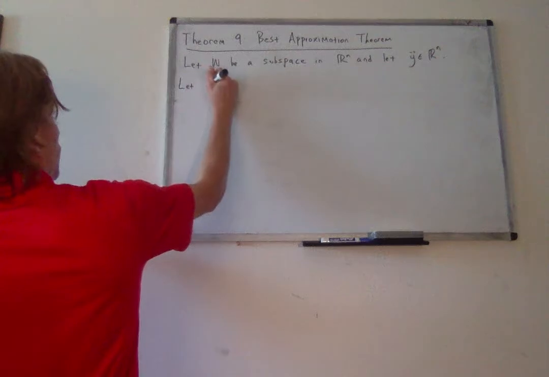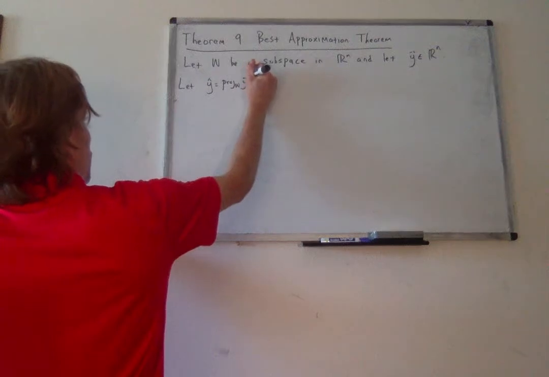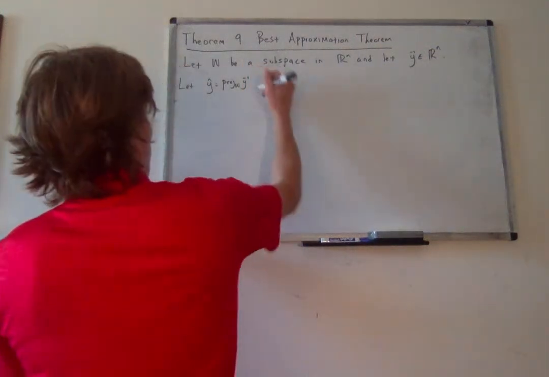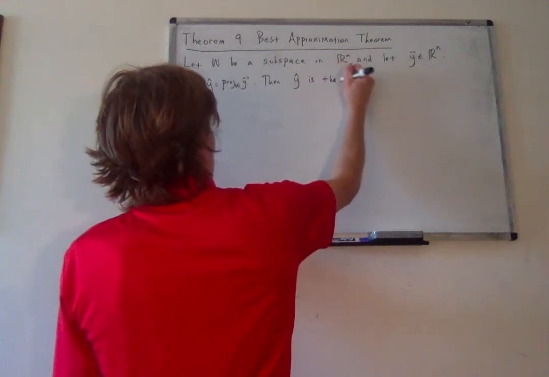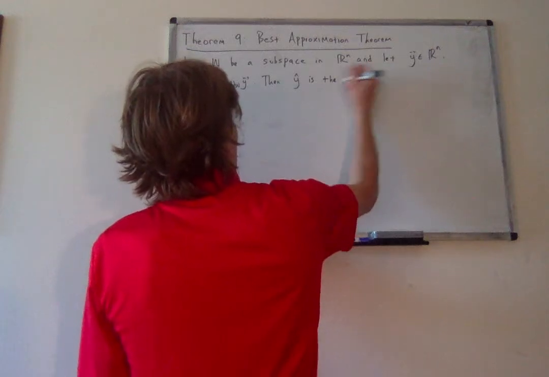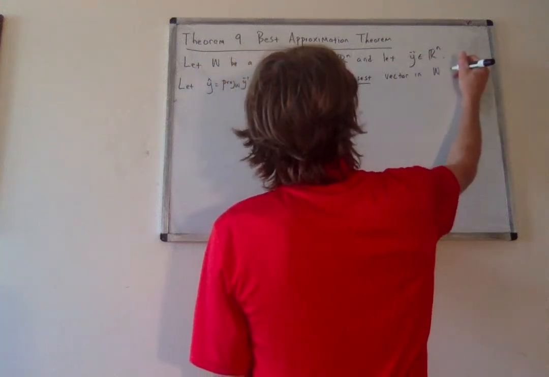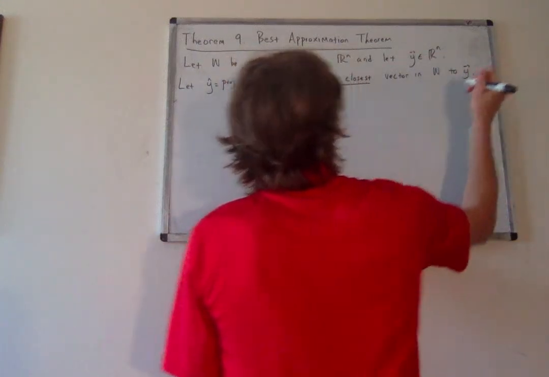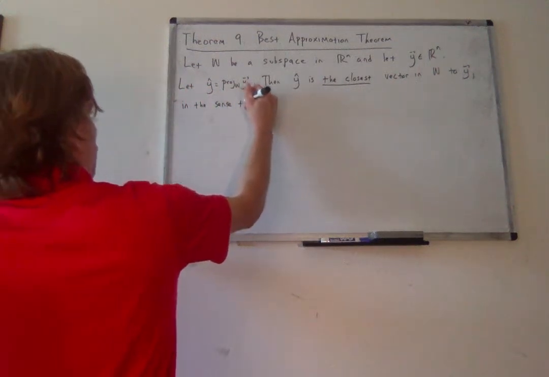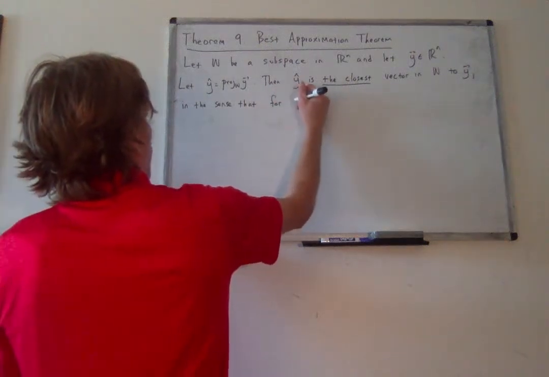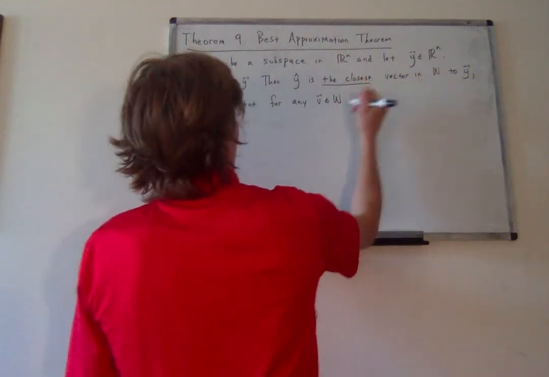We're going to let y hat be the orthogonal projection of y onto W. Then y hat is the closest vector in W to y, in the sense that the distance from y to y hat is always smaller than the distance from y to any other vector.